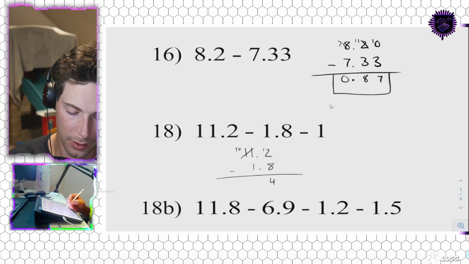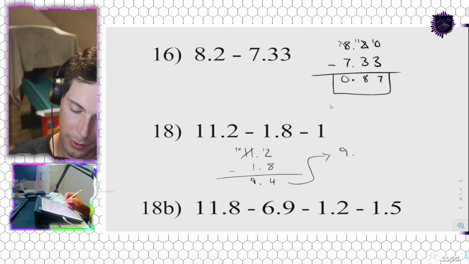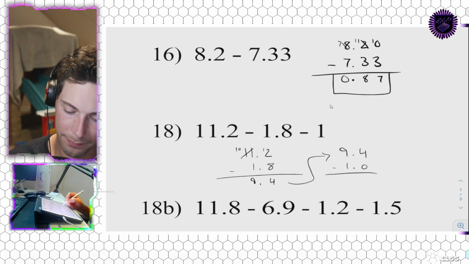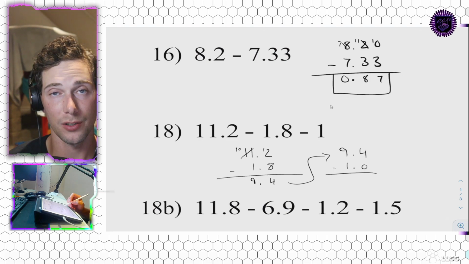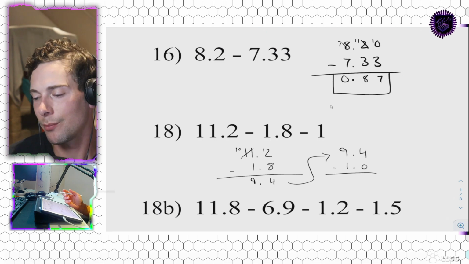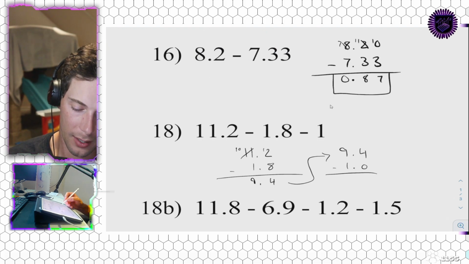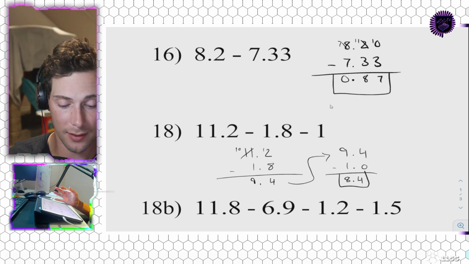And that's going to be 4. And that's going to be 9. I'm going to take this number, put it up here. 9.4 minus 1.0. That's pretty straightforward. 9.4 minus 1. I don't need to write 1.0, but I did. Always like to hold my place. And that's going to be 8.4. Circle my answer.